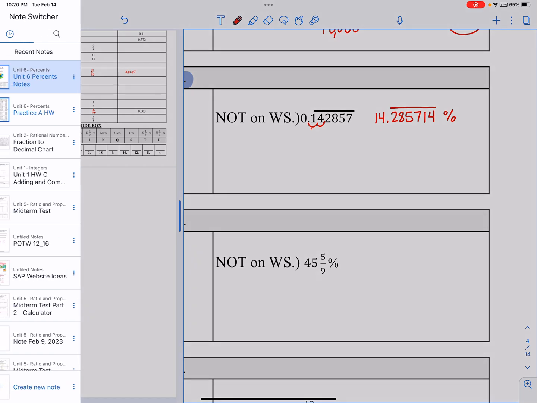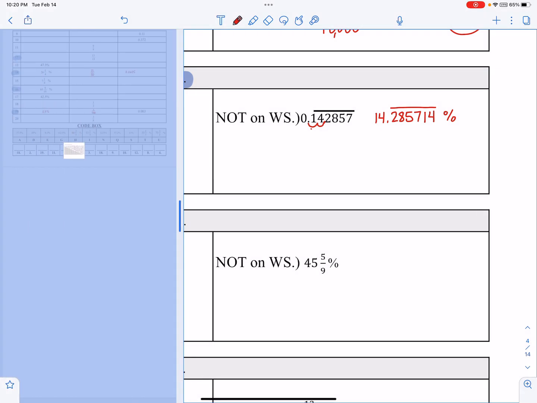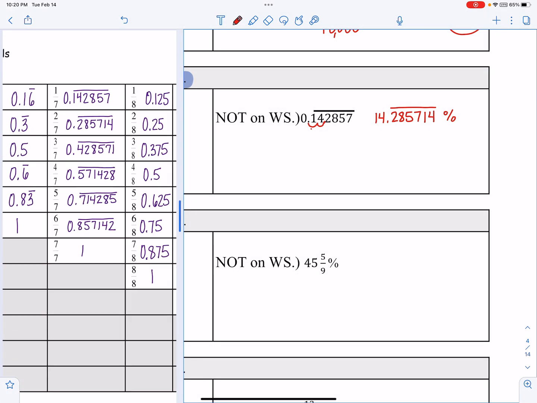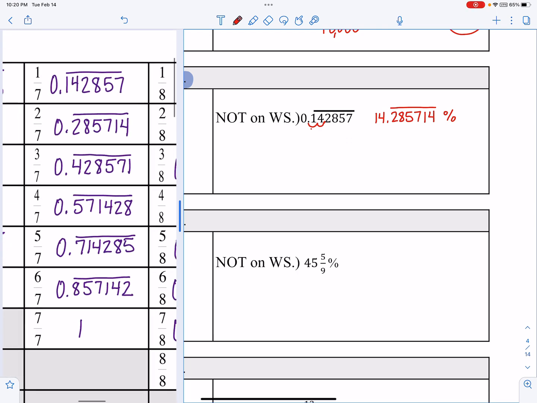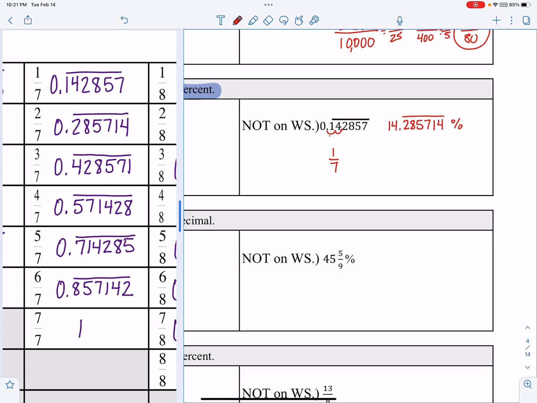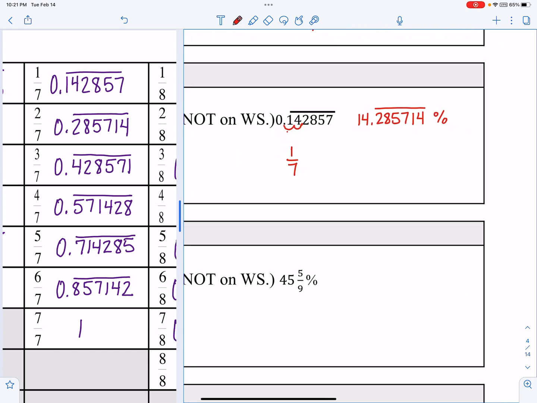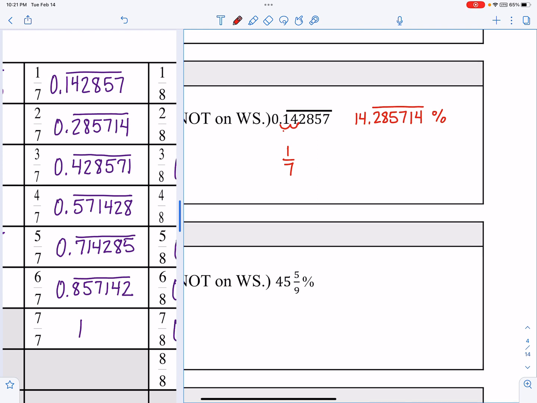If you remember, we had this fraction to decimal chart, and I want you to look at this section right here with all these repeating decimals and find the one that starts with a 1. Do you see what I'm seeing? That 1/7. So really 0.142857 repeating is simply this as a fraction, 1/7. That's something interesting to be aware of.